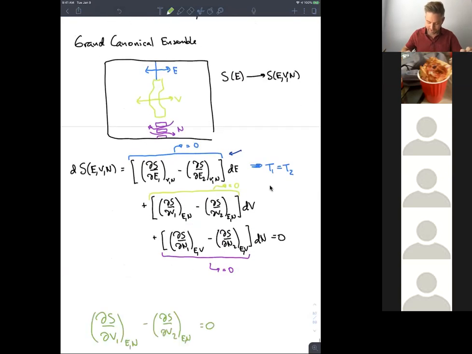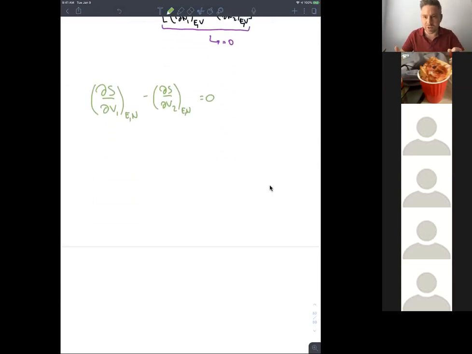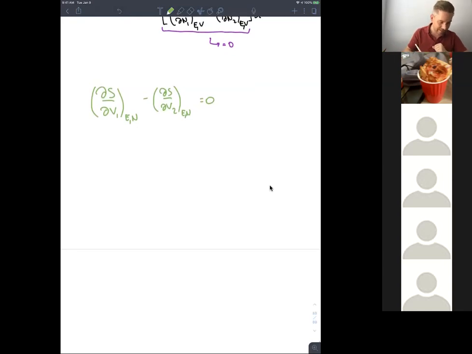All right, so using the triple product rule, we can say that ds dv, constant E and N, times dv de, at constant S and N, times dE ds at constant V and N, has to equal -1.